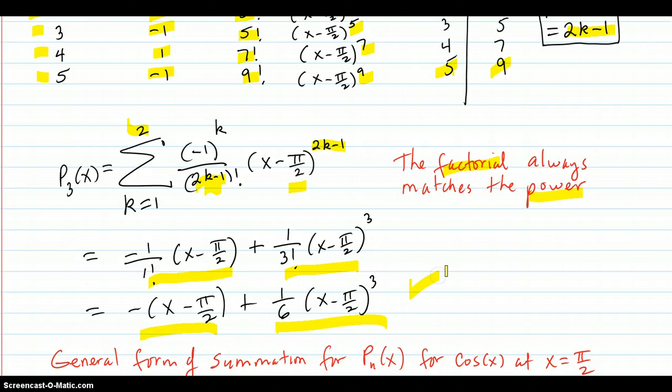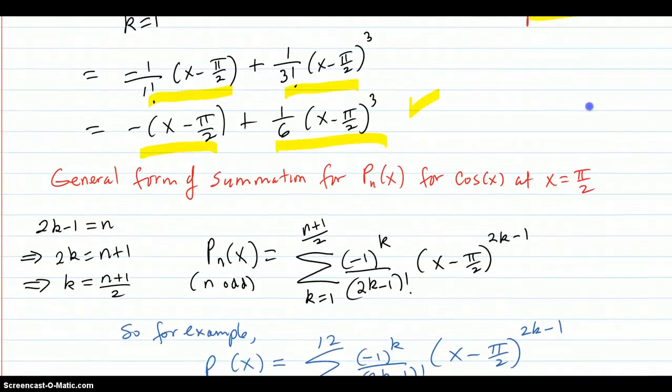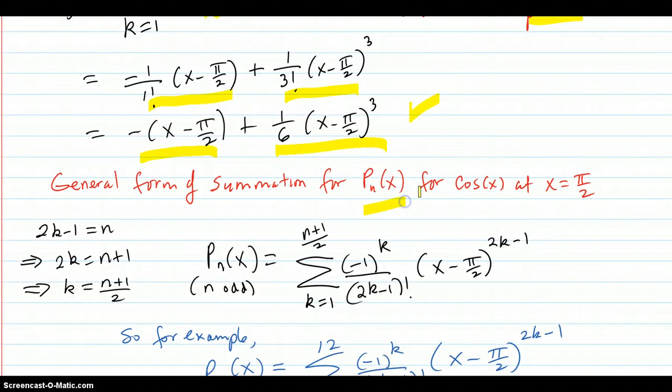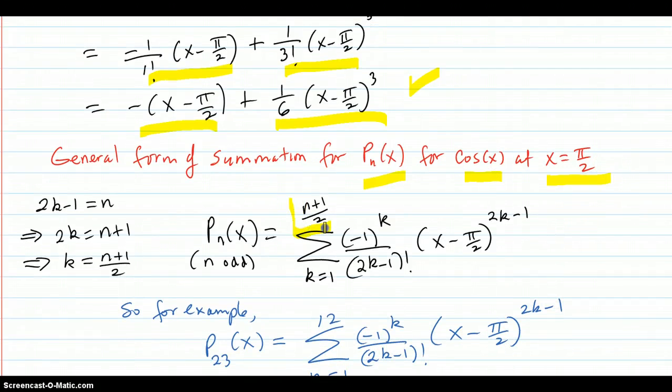So that's working. So the general term, the general form of the summation for Pn, for cosine of x at x equals pi over 2, well, I need to know where to end it. So if I want the nth power up here, if I want that to be n, to give me my nth Taylor polynomial, then I'll just set that equal. 2k minus 1 has to end up being n.